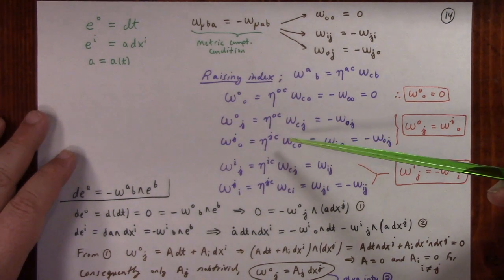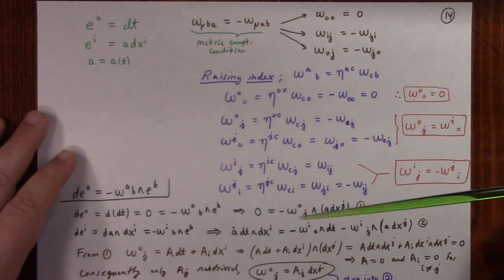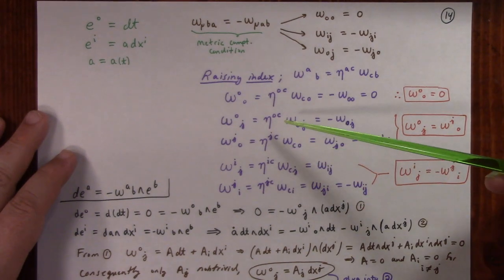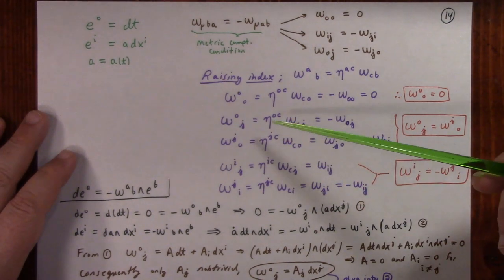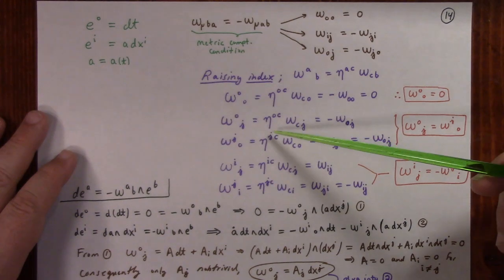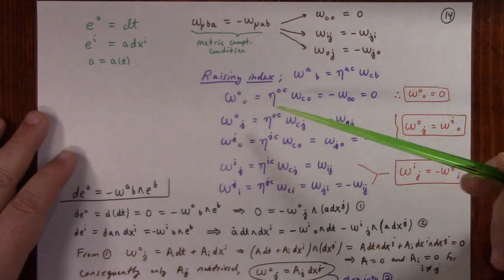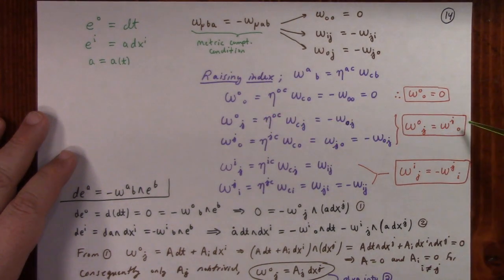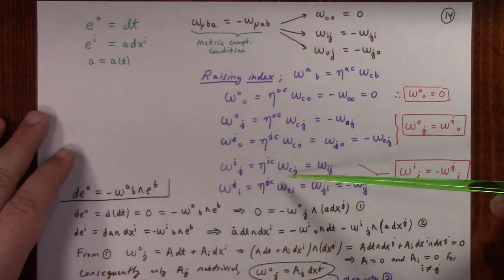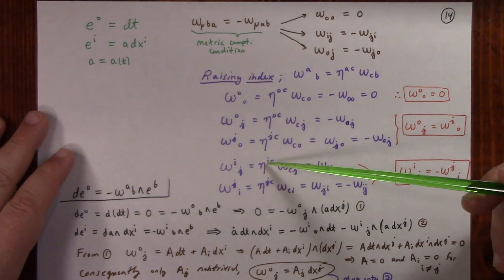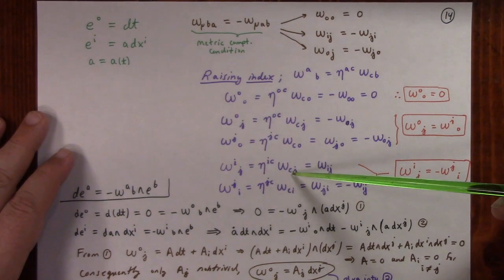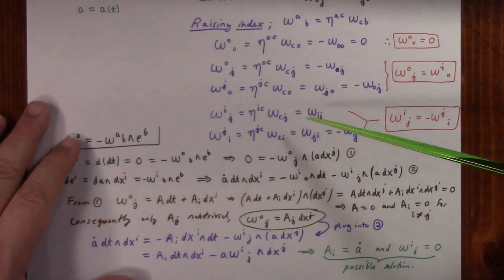That's a very special feature of the Minkowski metric, but there it is. So that gives me omega j0. But omega j0 is minus omega 0j, and so we find that omega 0j and omega j0 with the up-down like that, they're both equal.